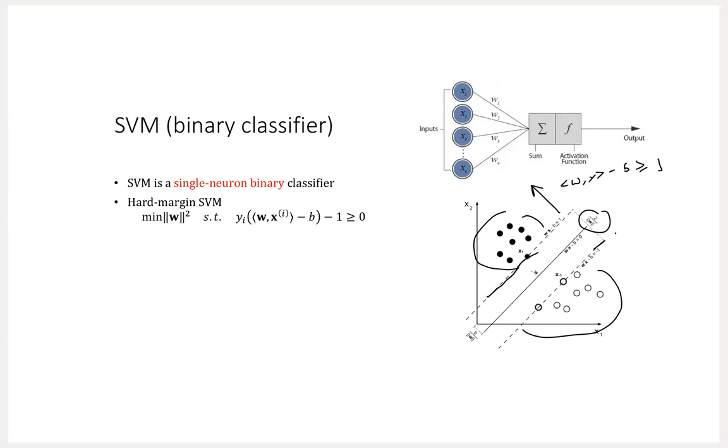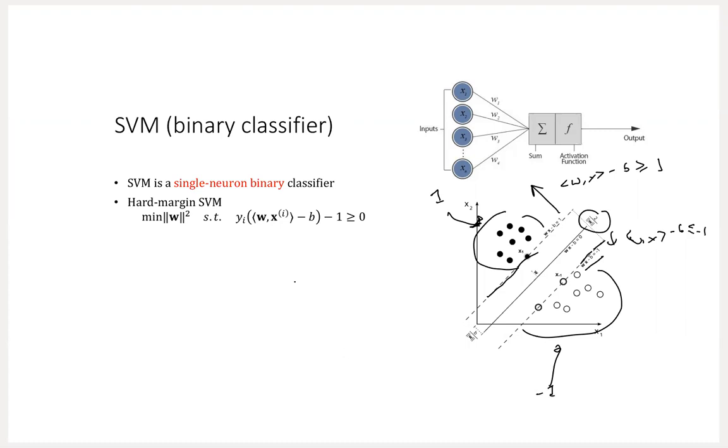And on this side, Wx minus b is less than or equal to minus 1. Precisely on this side, Wx minus b is equal to minus 1. So then we can label this part of the data, let's say, all with label 1s, and this data is all label minus 1.